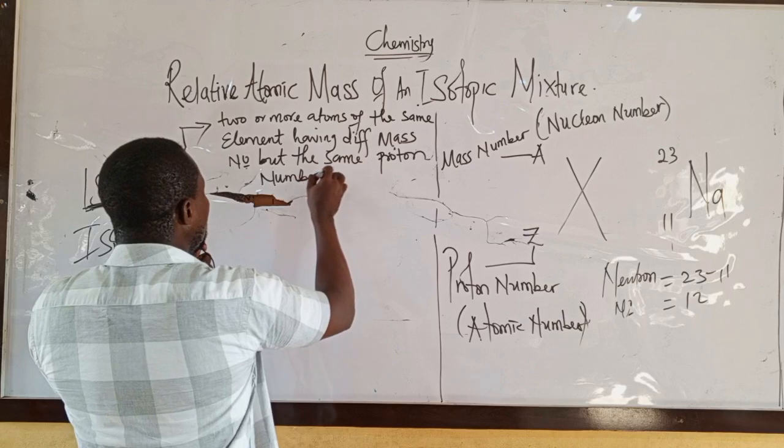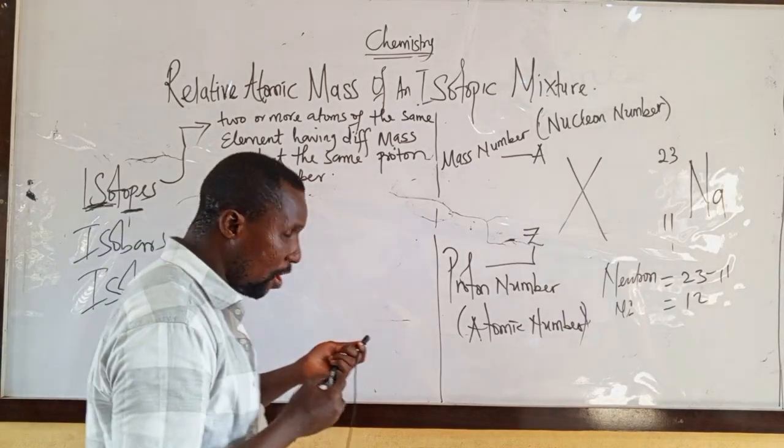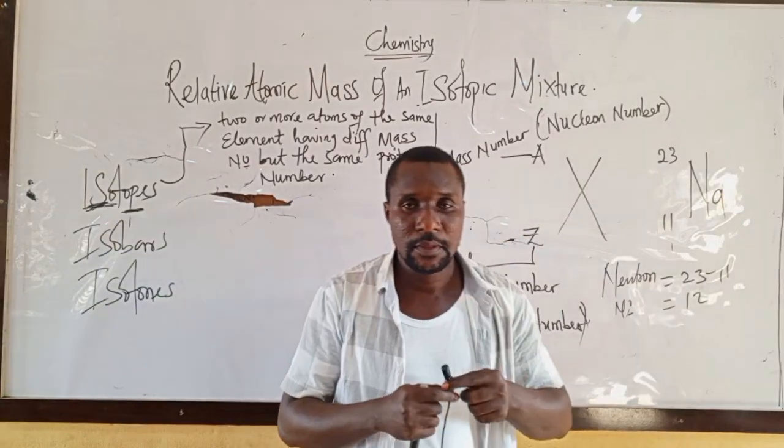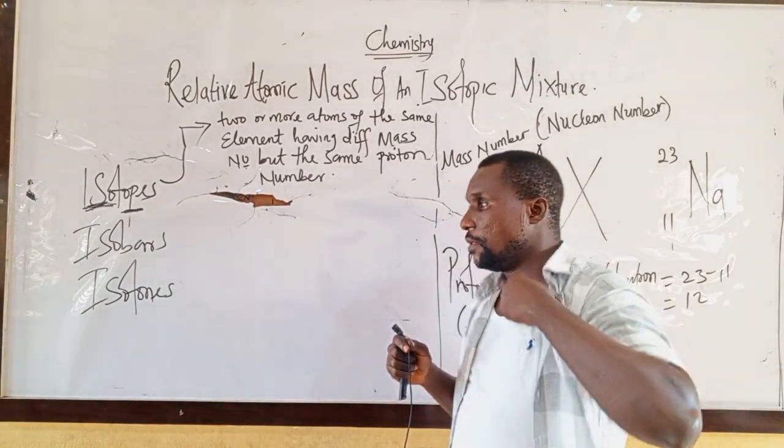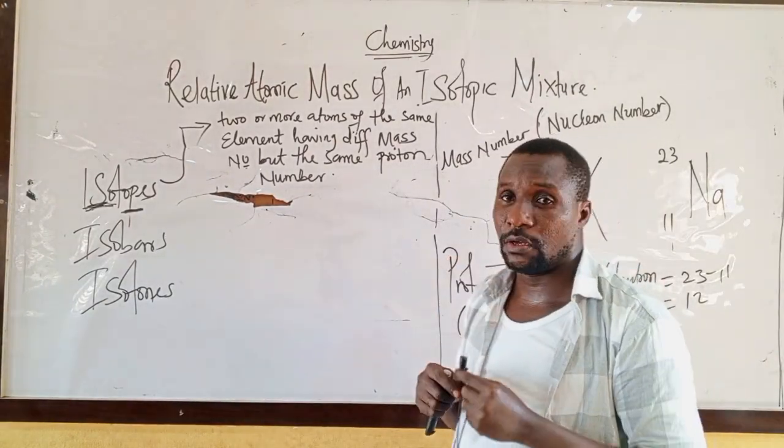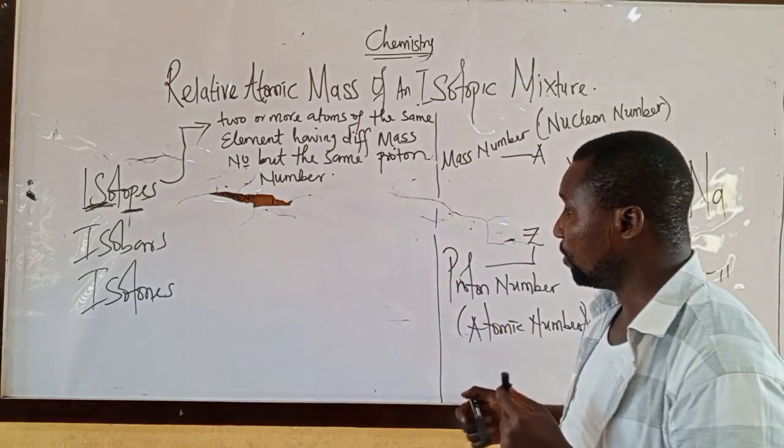Take note of that. I told you atomic number is proton number. When you have two or more atoms of the same element having different mass number, the same proton number. Proton number means atomic number.